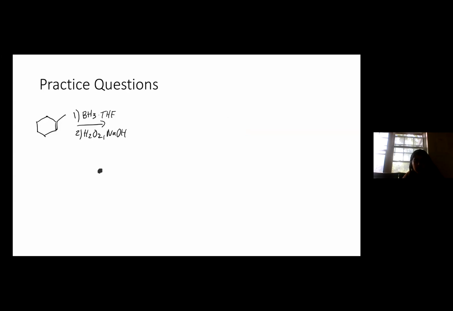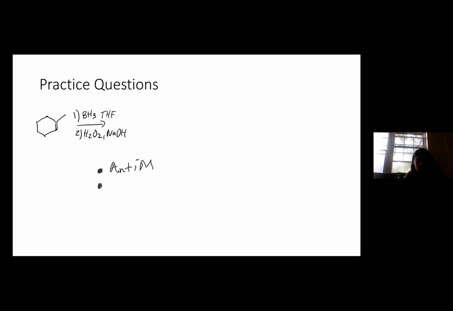Does the OH go to the most substituted or least substituted? It's Anti-Markovnikov. Yeah, so this one's Anti-Markovnikov. So let's just write down the important things for these reactions before we go into actually drawing the product. So what else is important?